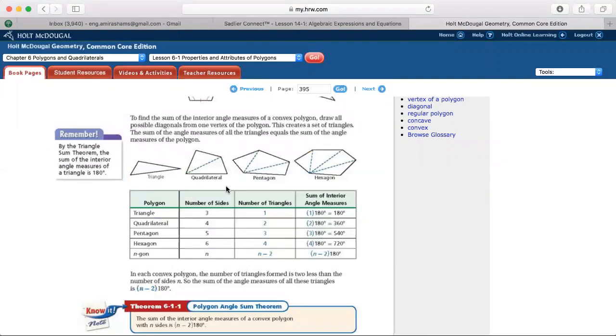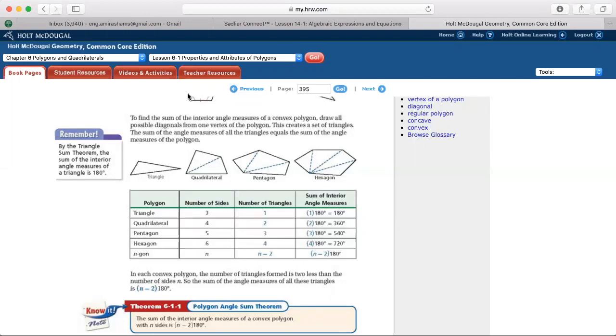Okay. To find the sum of the interior angle measures of a convex polygon, draw all possible diagonals from one vertex of the polygon. Now, in this section, I want to know the total measure of all the angles.